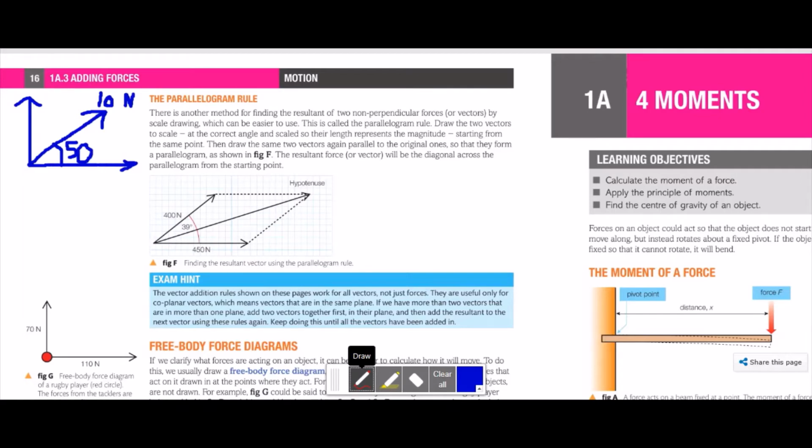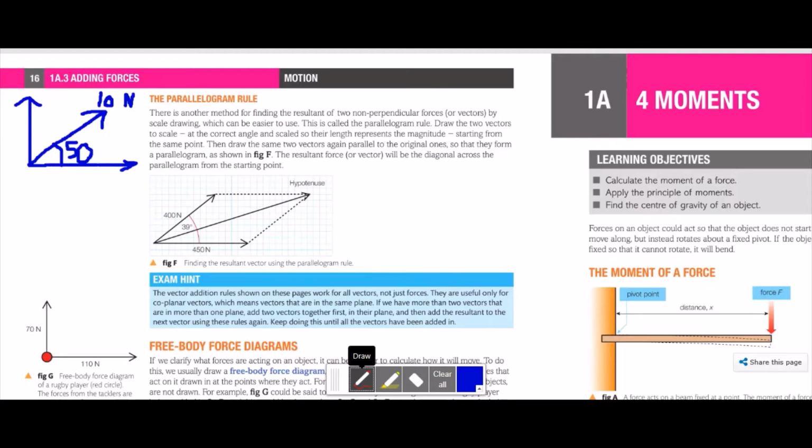So to resolve this force, or to find its components along the two directions, the x direction and the y direction, you need to take the magnitude and multiply it with the cosine of 50 degrees to get the force along the x-axis.